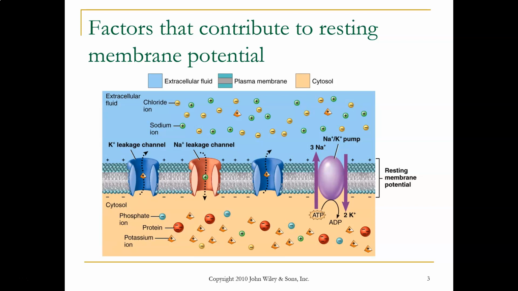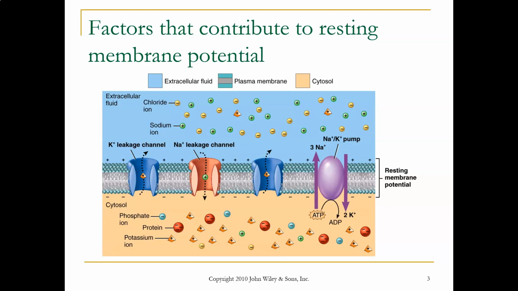So, what's going to happen during an action potential? Well, the simple definition is that the membrane potential is going to change. It's going to change from minus 70. It's not going to be minus 70 anymore.